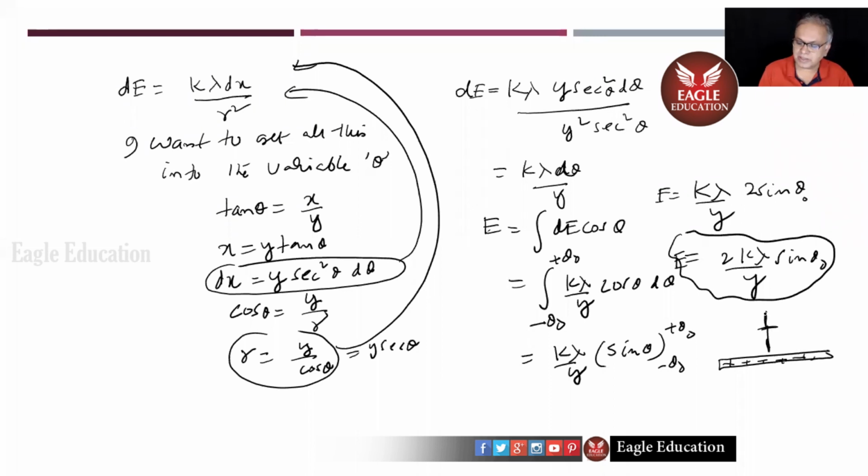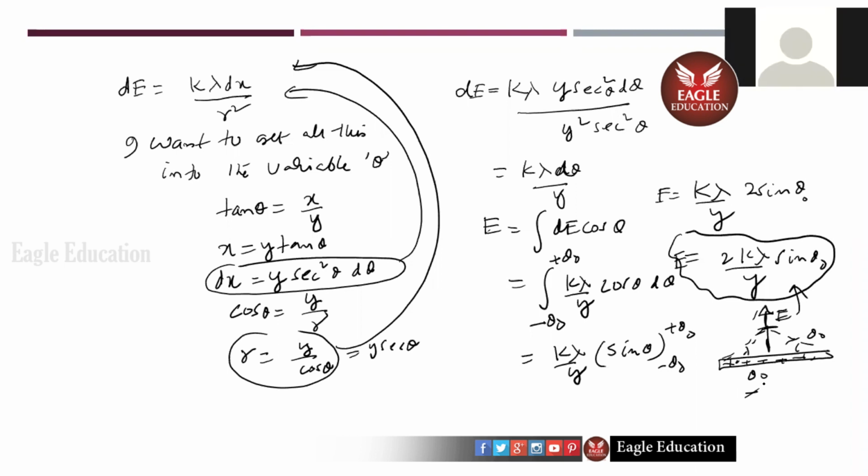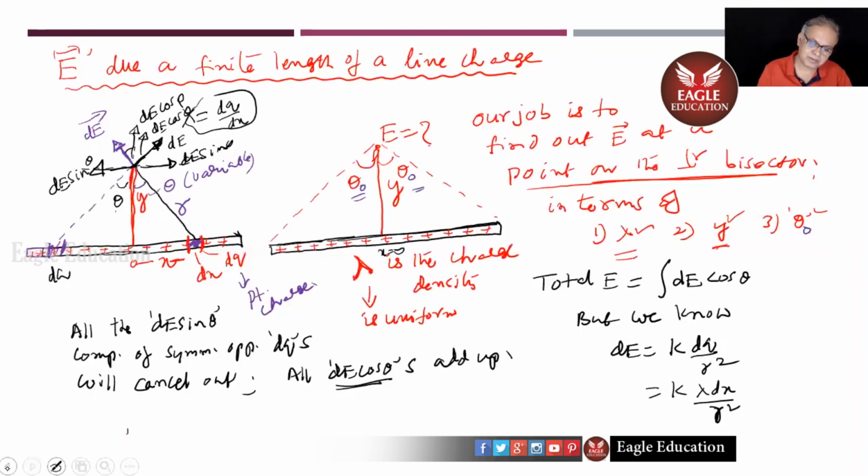This E is like this, and with this magnitude, where theta naught are the angles made by the rod at the ends. Can you show the previous page, sir? Yeah, all the maths is important here. The way you do the maths only will make you do problems later.